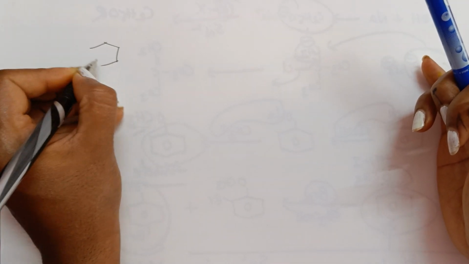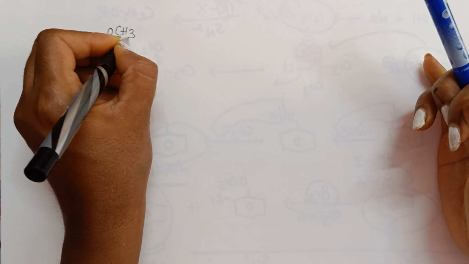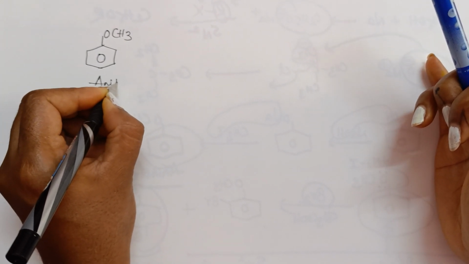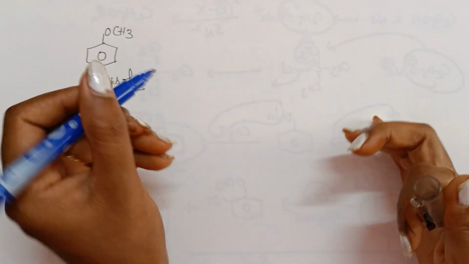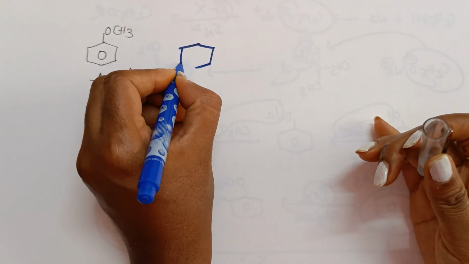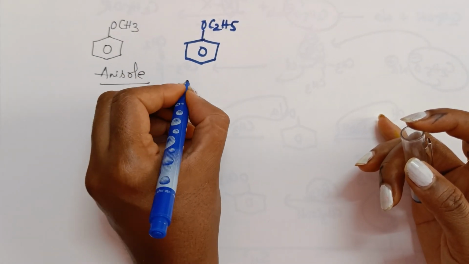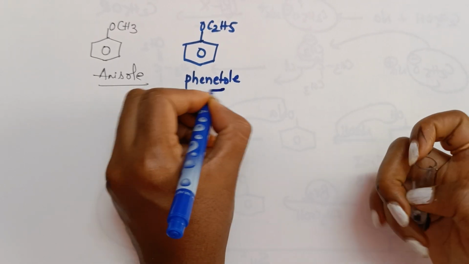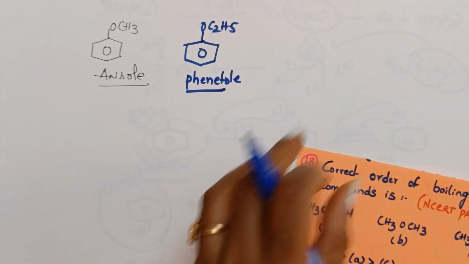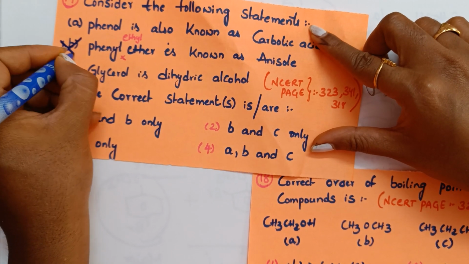See here, this is the benzene ring with O, CH3, then it is anisole. If you keep C2H5, then this is what? Phenetole. Got it? See the next question. So this statement is wrong.